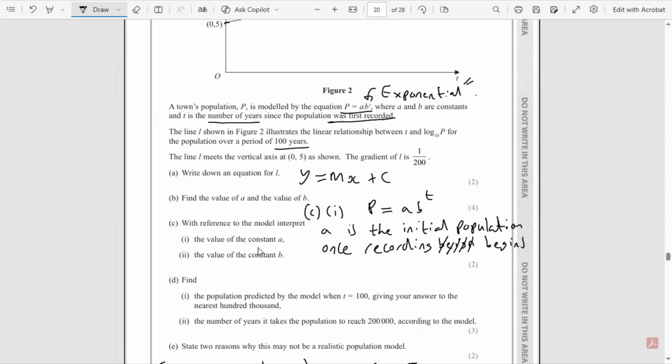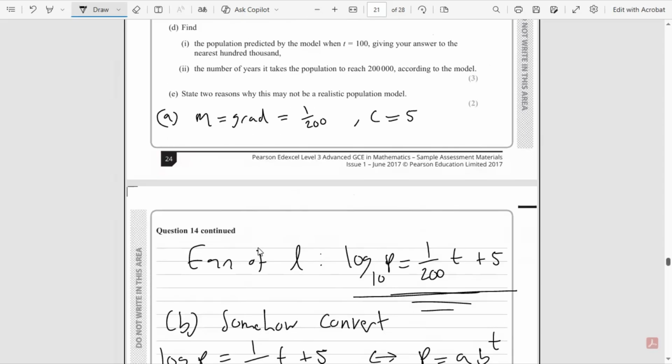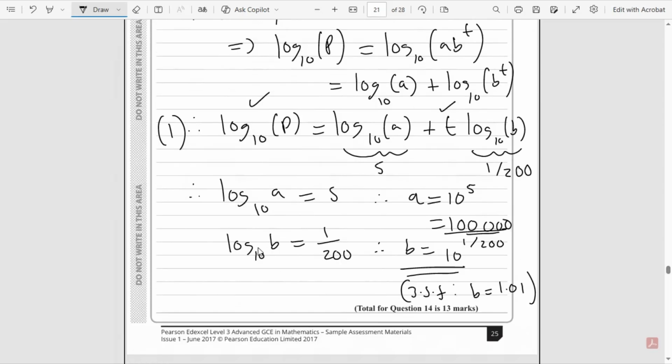What you can say instead is that B represents the factor of population change per year. So again, with this question, T is measured in years. And as we can see down here, when we worked out B was about 1.01, that represents roughly a 1% increase per year. Now, that's not the rate of change. It's just a factor of increase.